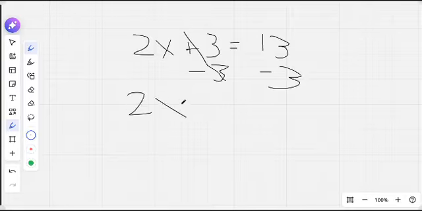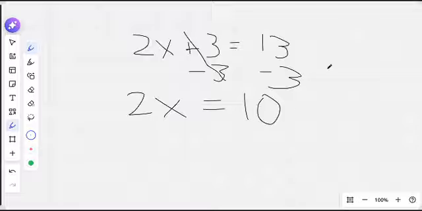And we get 2x is equal to 10. Now we're left with multiplication. How do we undo multiplication? We do division. The opposite of multiplication is division. A rule in algebra is that 1 times x is just x, because anything you multiply by 1 is that number itself.